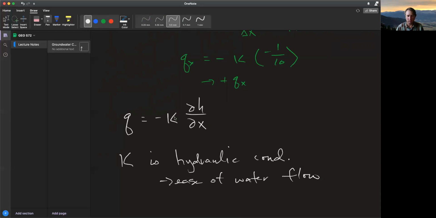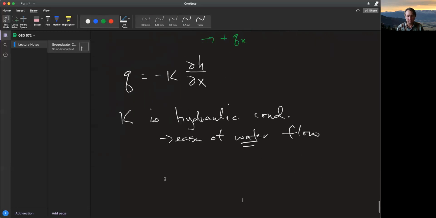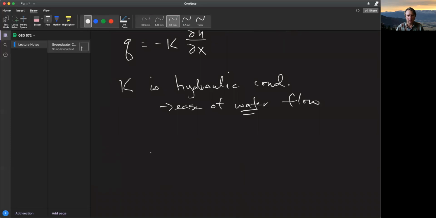How well does water flow through our porous media? K is given by this relationship.